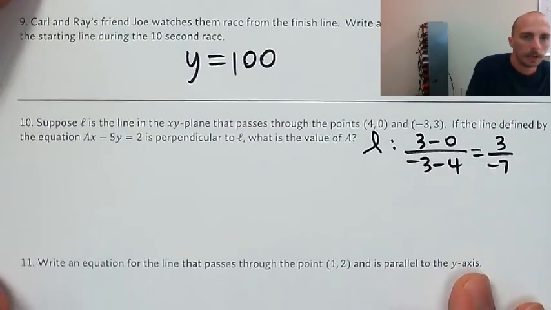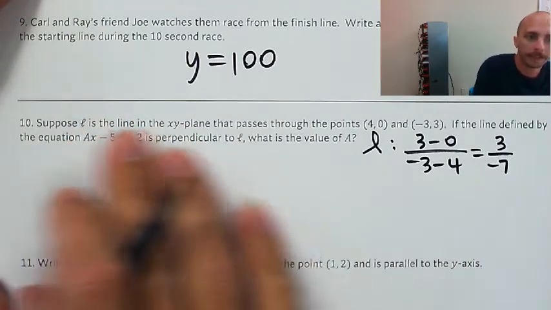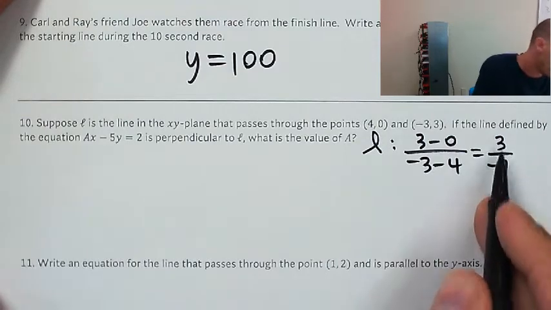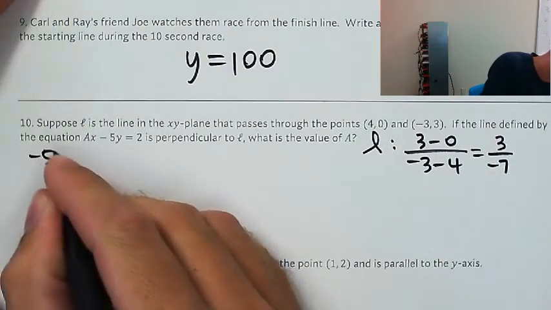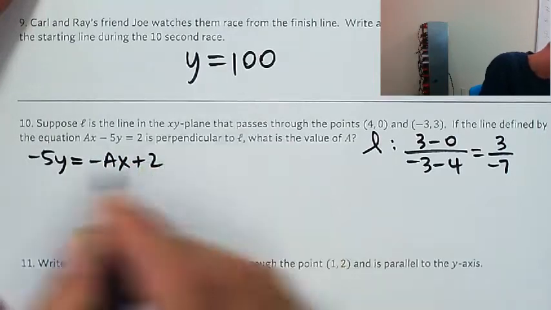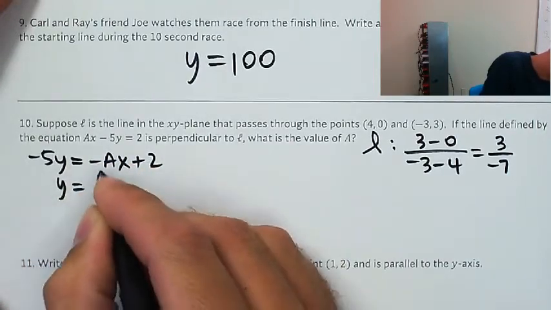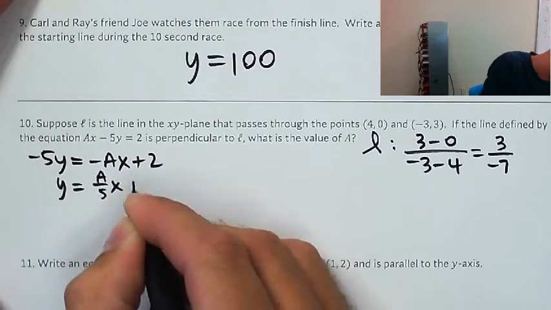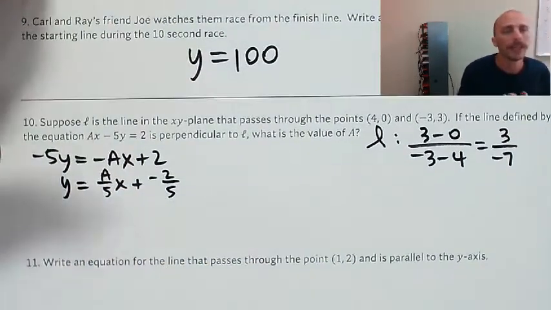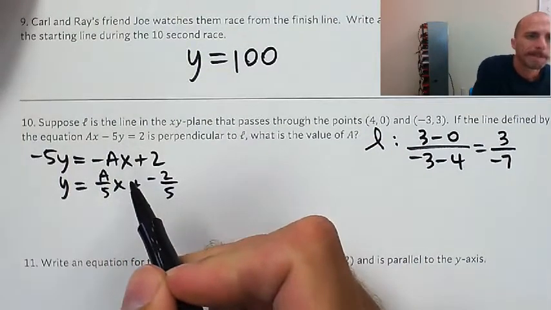So I need this line to have a slope of +7/3. So I'm going to start solving for y. Dividing by -5, right? But wait, that doesn't really matter.